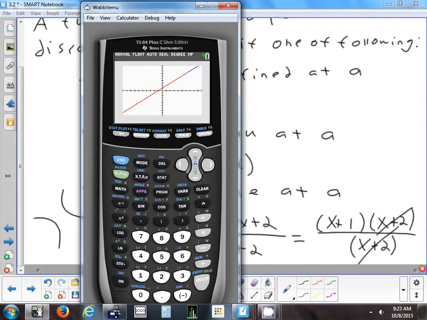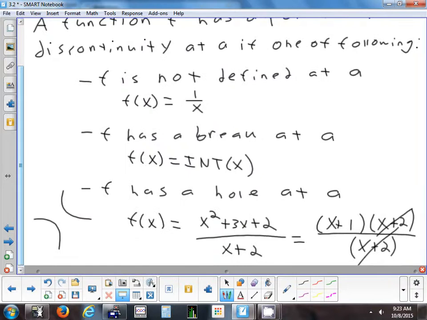The only difference between them is the one in blue had a very, very, very small hole at negative 2. The one in red doesn't have that hole. All right, so you get a hole in a graph whenever you can factor the numerator and one of the factors in the top matches what's in the bottom.